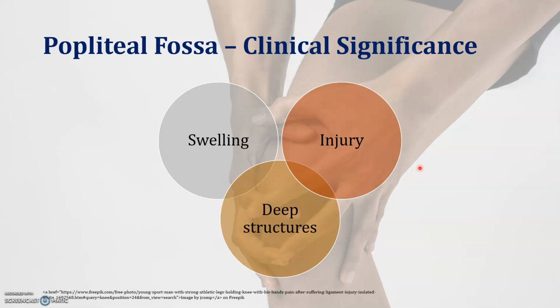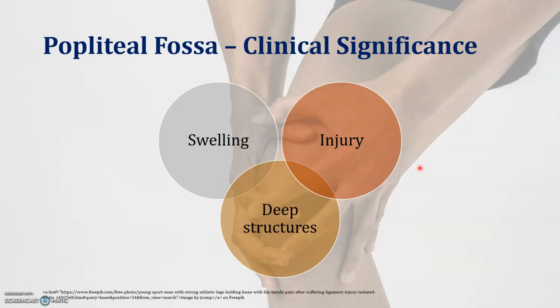Outside of injury, there is another important clinical correlation we need to think about with the popliteal fossa, which is when a patient presents with a swelling to the back of the knee or swelling within the popliteal fossa. We need to have a differential diagnosis for this, and actually the anatomy tells us what we should be looking for. So there are many structures there that can cause swelling.